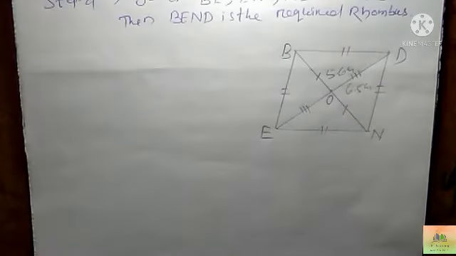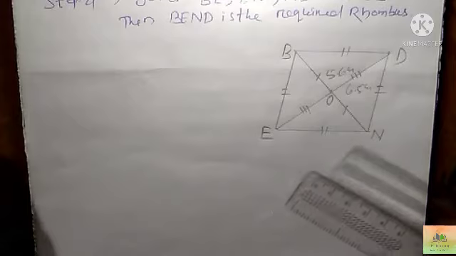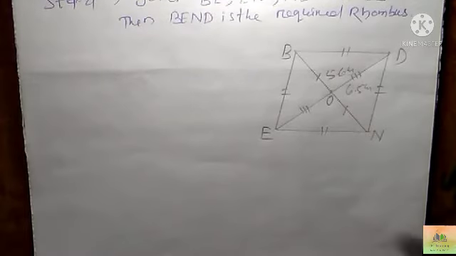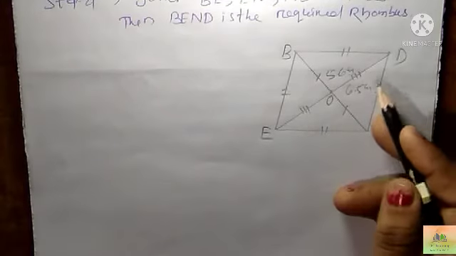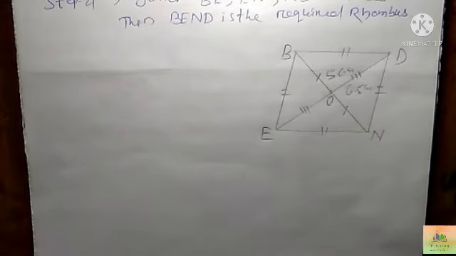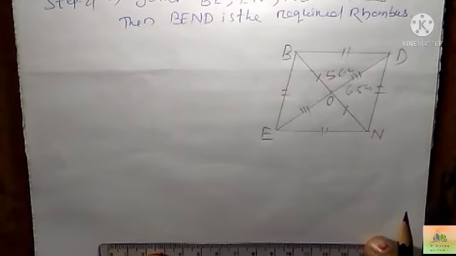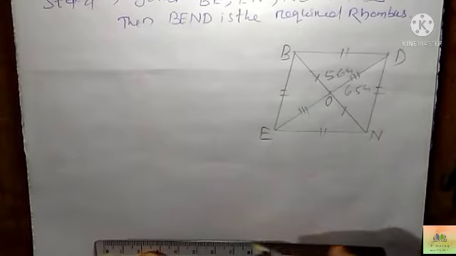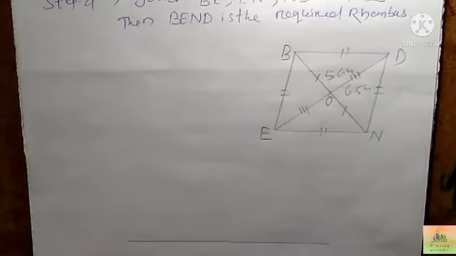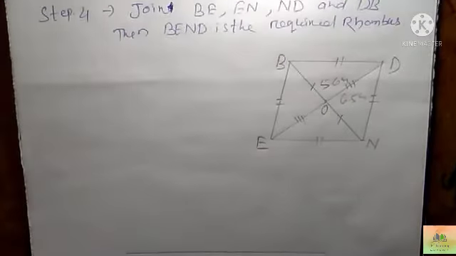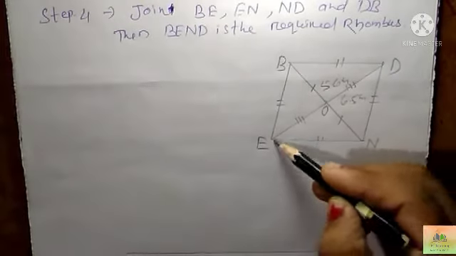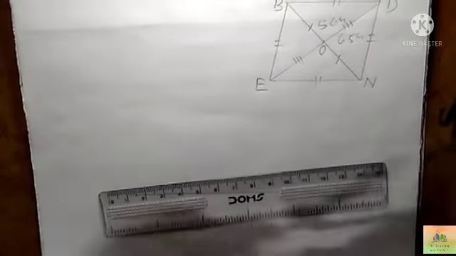Okay, only 2 diagonals are given here. So how do we draw? Look, first we draw a line. Take a line and cut 6.5, because the ED measurement is 6.5, so we measure 6.5 centimeter.